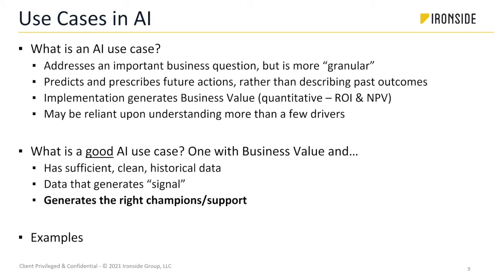Back to the cultural issue that we saw was the first issue. A benefit of focusing on a particular AI use case is that you can connect it to the right champion in your organization who wants to support that use case, and that's going to help drive that cultural change. So it's certainly about business value, it's about data, and it's about having the right support inside of your organization for that use case.